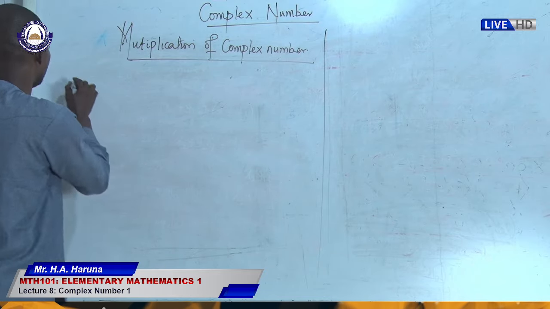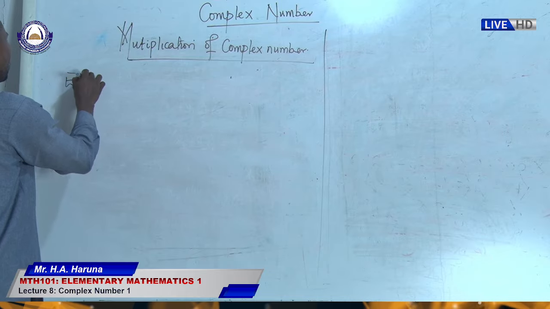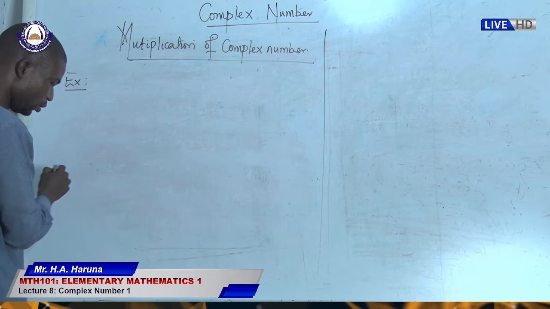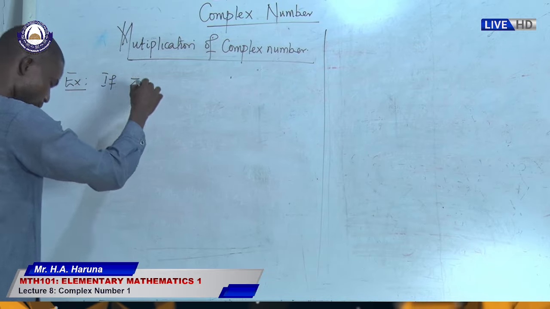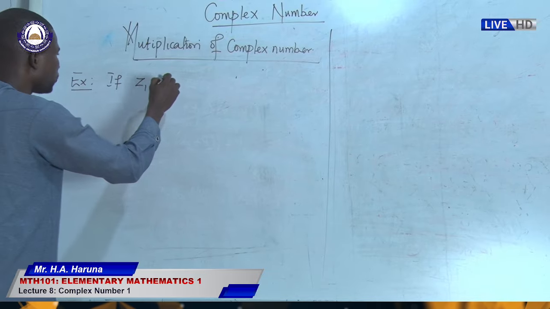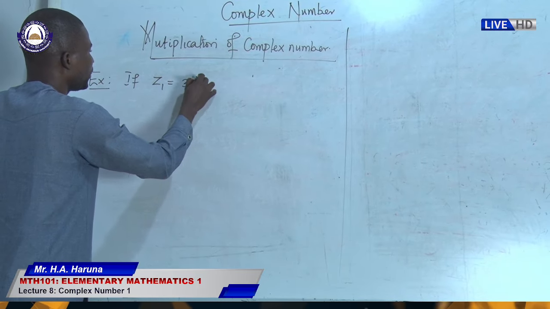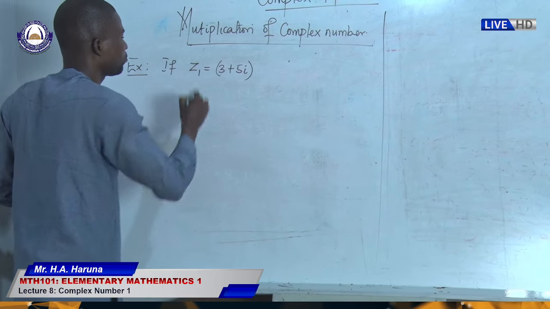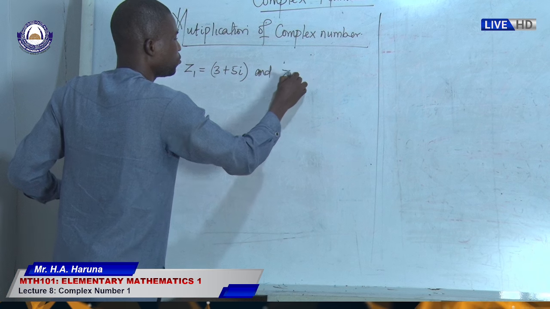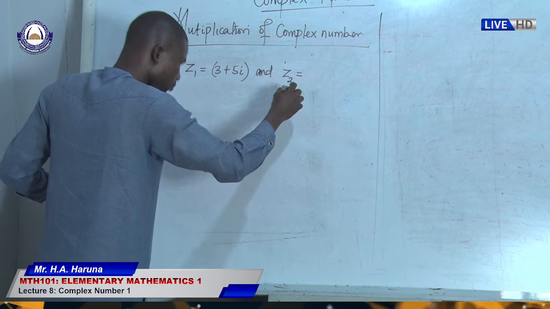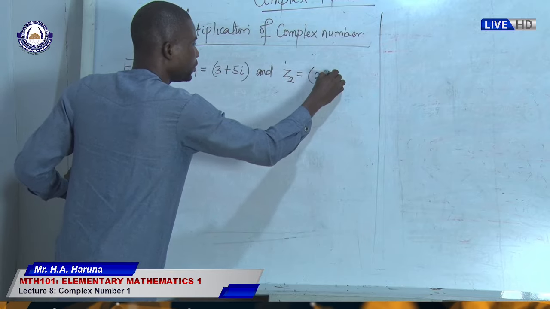Example. Z1 equals 3 plus 5i, and Z2 equals 2 minus 3i.